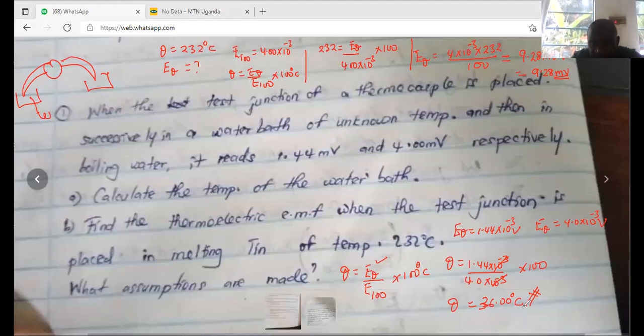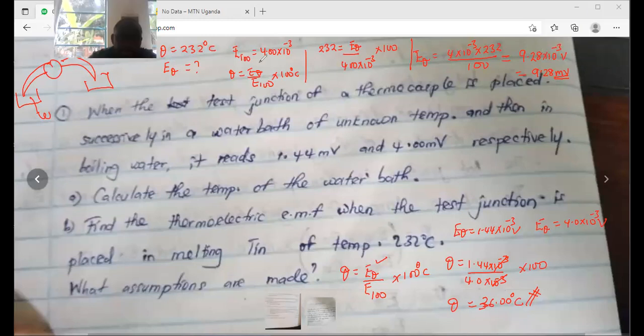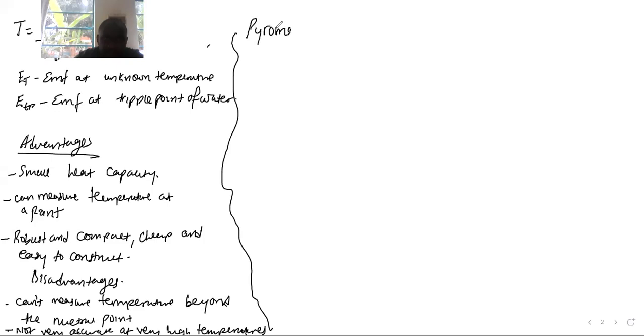So the last experiment we need to look at is what we call pyrometers. A pyrometer is an instrument used to measure the temperature of a hot body by the radiation the hot body emits. An example is the usual pyrometers we use for testing COVID, those temperature guns.